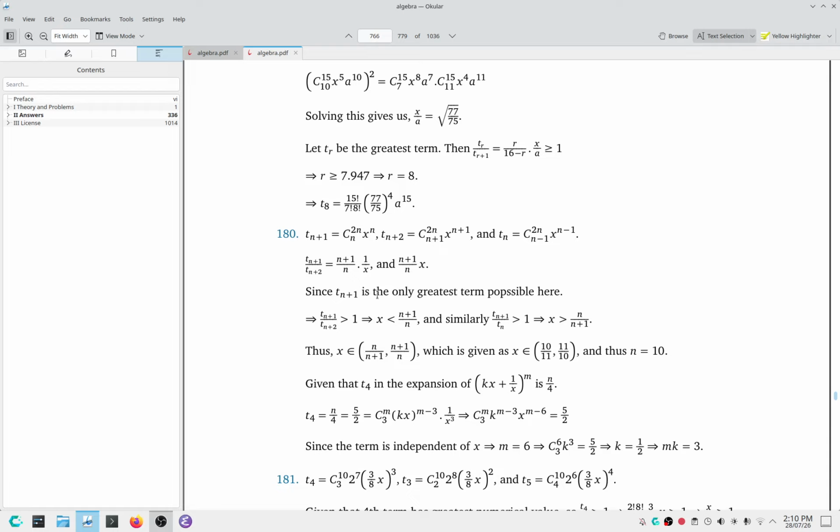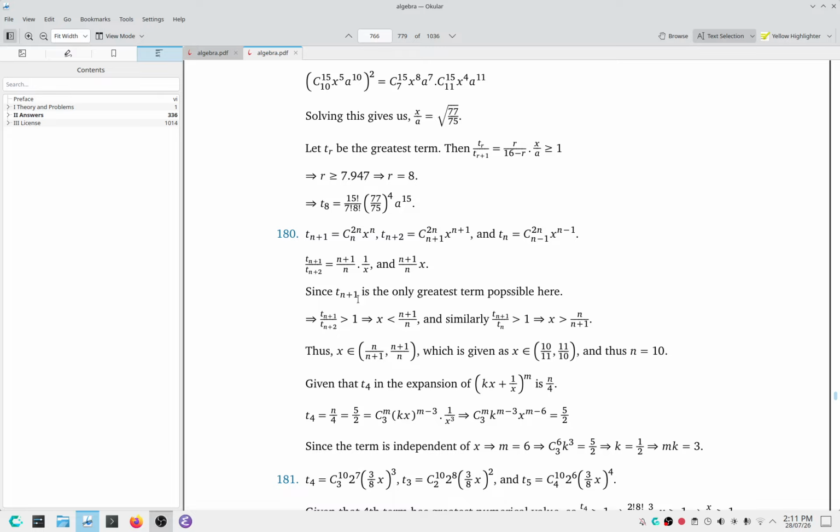The factorial would be n factorial, with n minus 1 and n plus 1 factorials. If Tn is in the denominator, n minus 1 and n plus 1 will go up, and n factorial will be there, so n will be there. Yes, this is Tn+1 upon Tn.